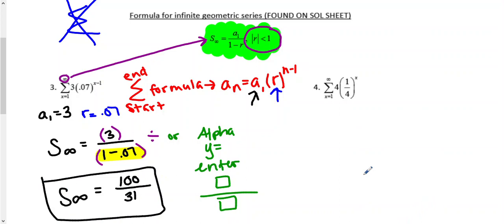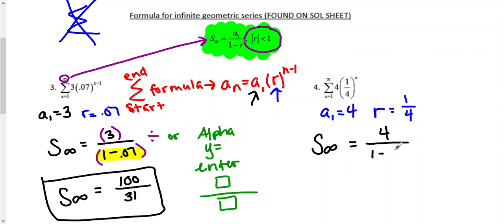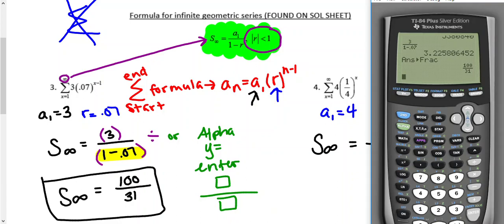Now let's try number 4. So again, my a sub 1 is the number in front, which is 4. My r is in the parentheses, which is 1/4. The absolute value of 1/4 is smaller than 1, so then I can plug into my formula. So the sum of the infinite series equals 4 over 1 minus 1/4. And again, we can just plug into our calculator.